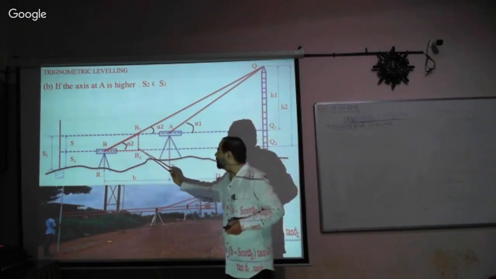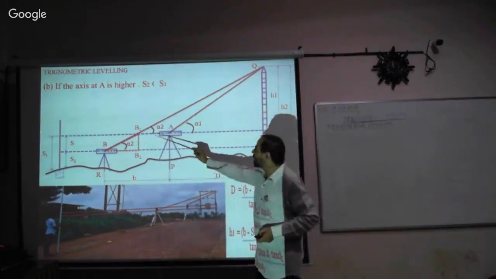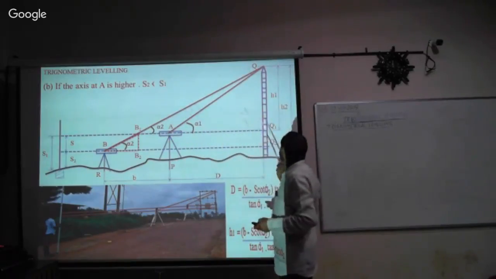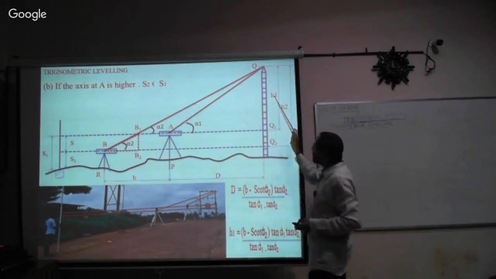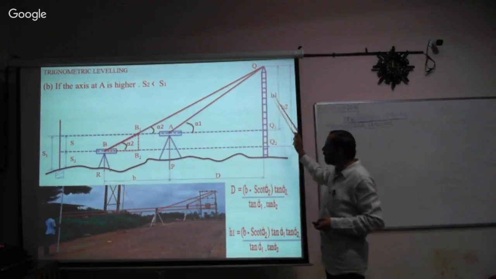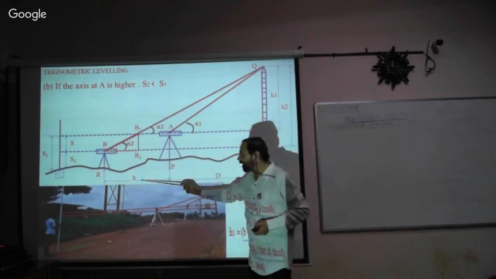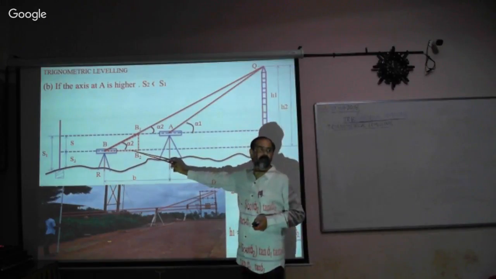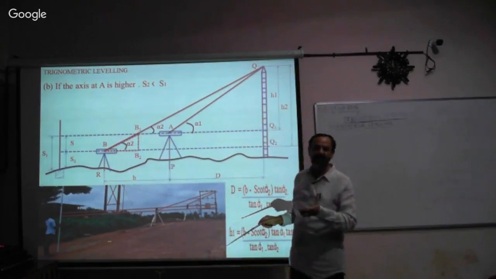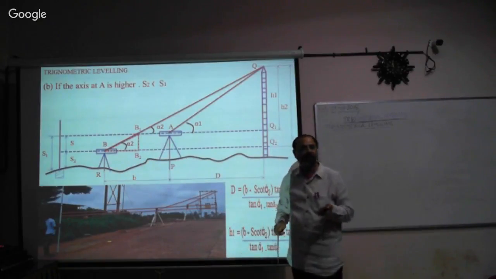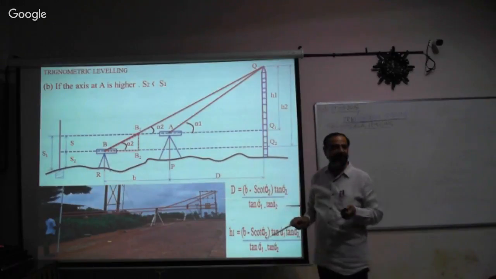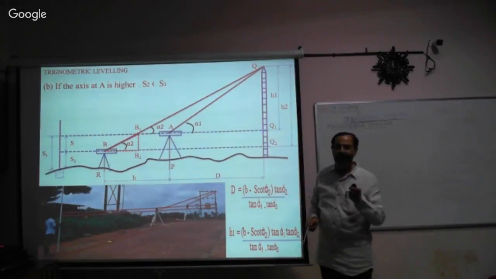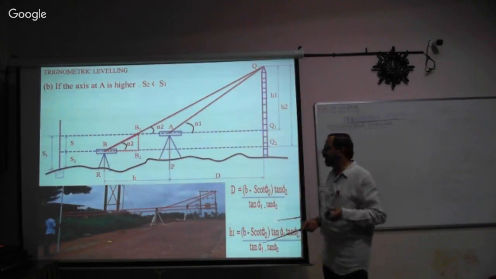Now consider this triangle, H1 is equal to D, B minus S cot alpha 2, isn't it? In the previous case, B is increased by S cot alpha 2. In this case, B is decreased by S cot alpha 2. If you understand this, our problem is solved, isn't it?